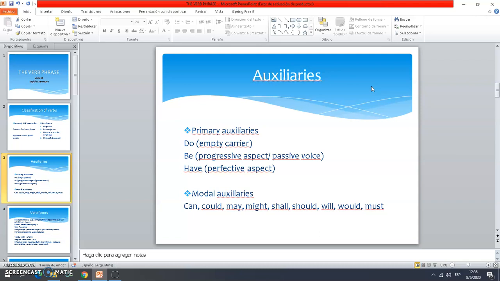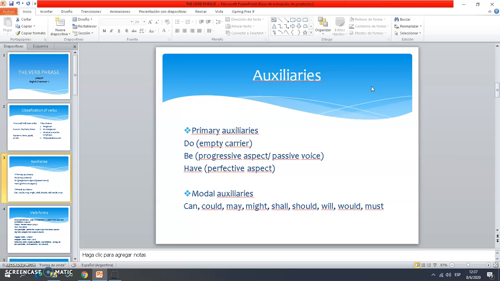So we use it when we need it, okay? We said, for example, for negation, in the affirmative, you say, I like English, you don't see do there. But you recover that for negation, I don't like English, for interrogation, okay? Do you like English? For emphasis, I do like English. And as we said before, for substitution.